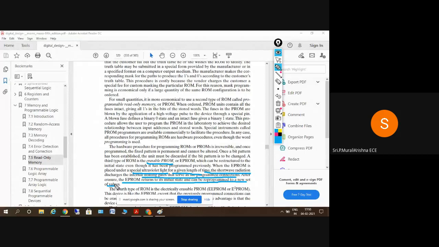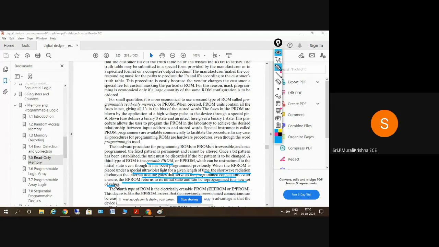How the erasing procedure is done is important. We place this PROM under special ultraviolet light for some amount of time. That ultraviolet light erases whatever programming was done on the PROM and makes it come back to the initial state. From there, we can implement another truth table on this PROM.